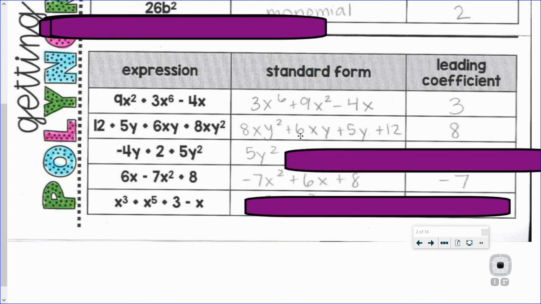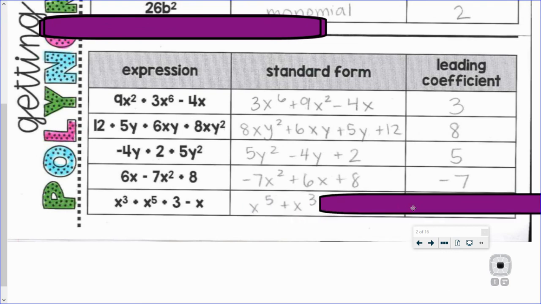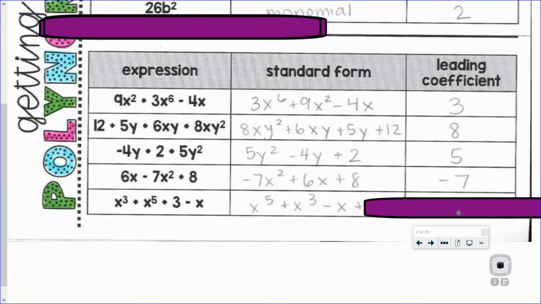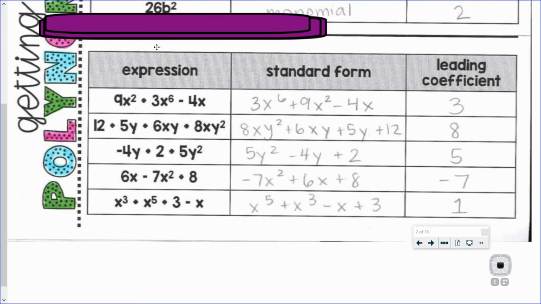Yeah, negative 7. Got to be careful there. Don't forget it's negative. Last one. Go ahead. x to the 5th power plus x to the 3rd power minus x plus 3. Yes, sir. And leading coefficient is 1. Outstanding.